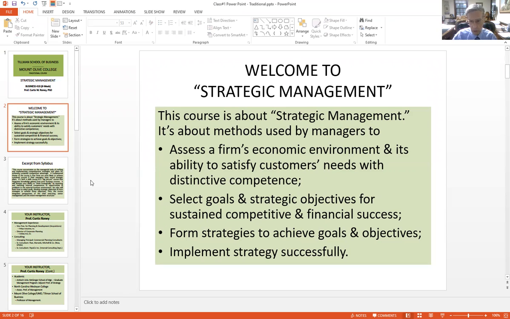The course is about strategic management. Business policy and strategy, as I mentioned, is a title that was used, frankly, a long time ago.